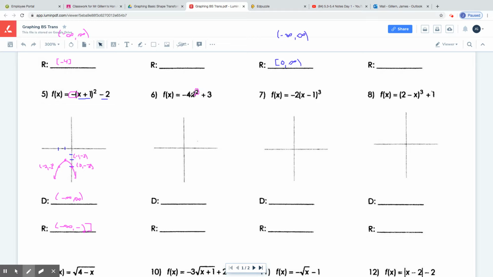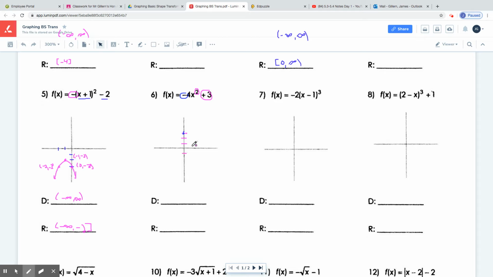Number 6, once again, we have a quadratic. There's nothing in parentheses here, so we're not shifting it left or right, so it's going to stay at 0, but we're going to go up 3. So we are going to have a vertex at 0, 3. We then look at A, and we're going to go down 4.